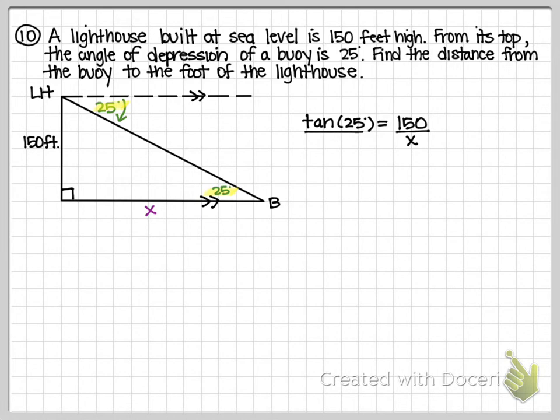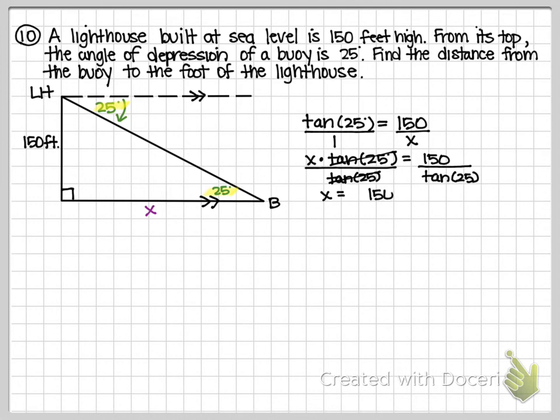All right, let's go ahead and solve this. So we're going to cross multiply. And then we're going to end up dividing to get the x by itself. So let's divide by tan 25 on both sides. We know that tan 25 divided by itself is going to be, excuse me, whoa, that's going to be 1.